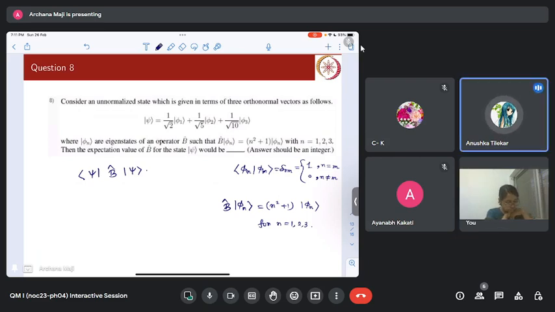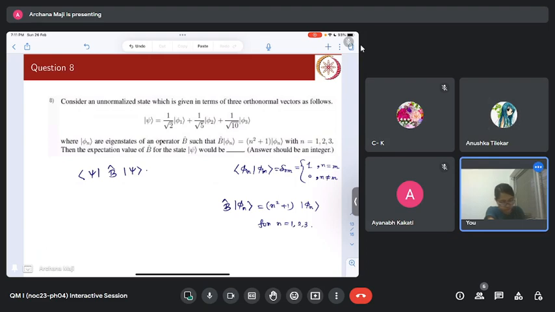Ma'am, the answer comes out to be 3 if we use psi as it is, but it is given that it is unnormalized state, right? And for calculating expectation value, we should be using the normalized state, right? So we first have to normalize it and then calculate it. Oh, I see. I didn't notice that.